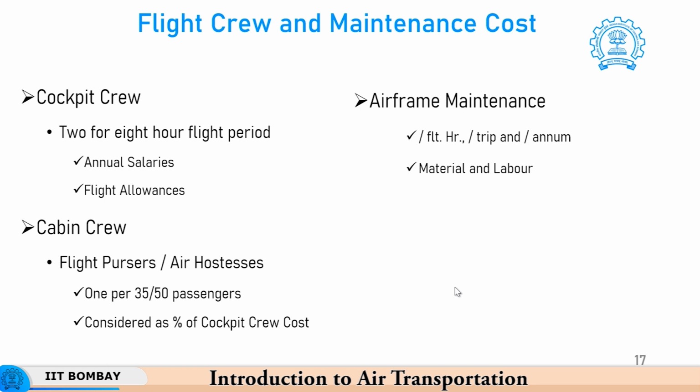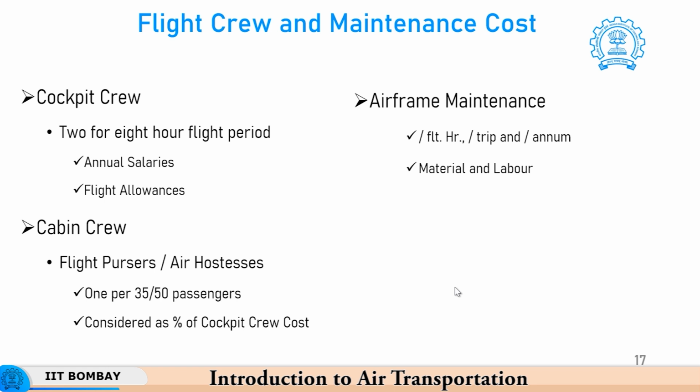The material cost represents the cost which is spent towards the material that is used for the maintenance. For example, after a certain number of landings, you need to change the tires.